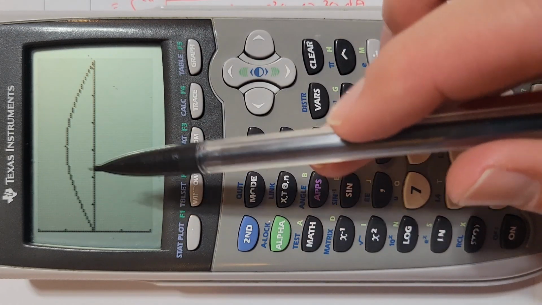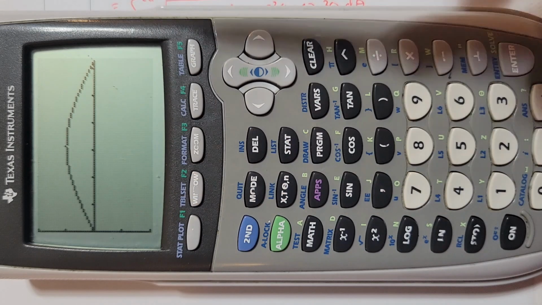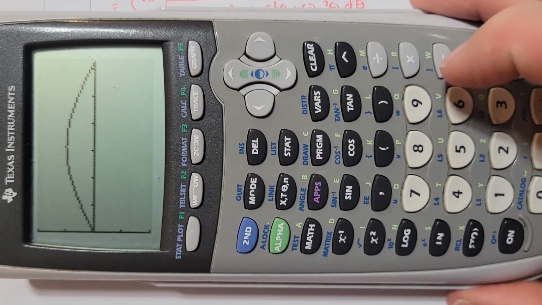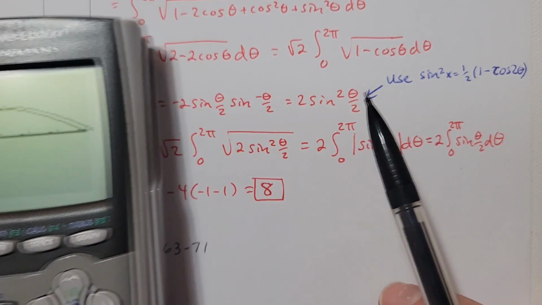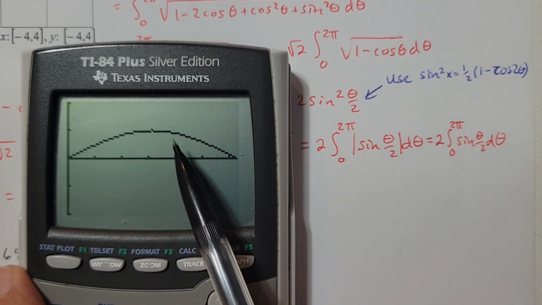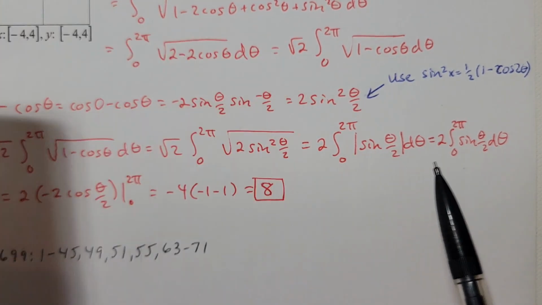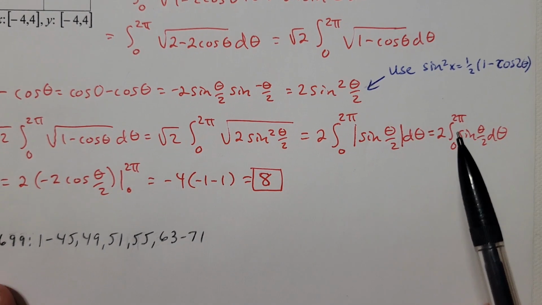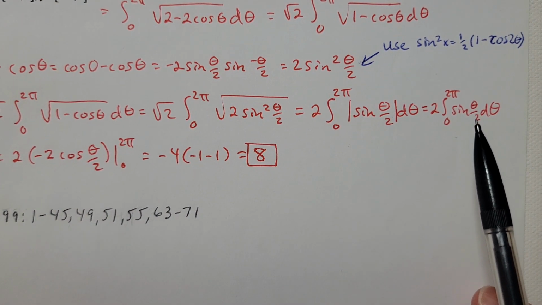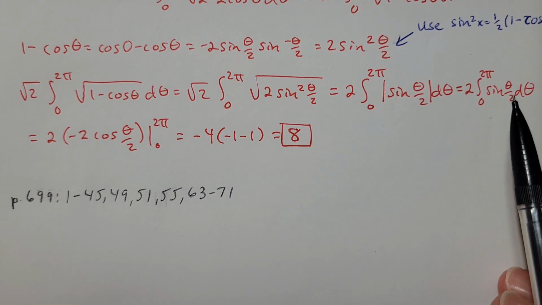Now notice that this curve is entirely positive on that interval, right? So the point of that is to say that I don't need absolute value bars here because this curve is already non-negative. So I got 2 times the integral going from 0 to 2 pi of sine of theta divided by 2 d theta.